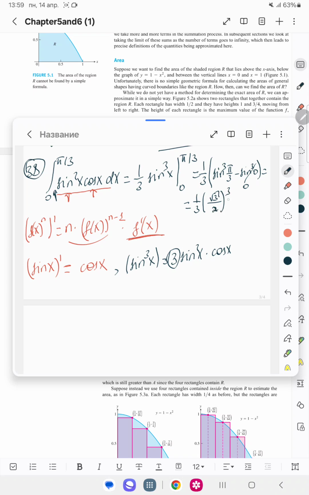Okay, what I will get, 1 over 3 times 3 square root of 3 over 8, and the answer is square root of 3 over 8.